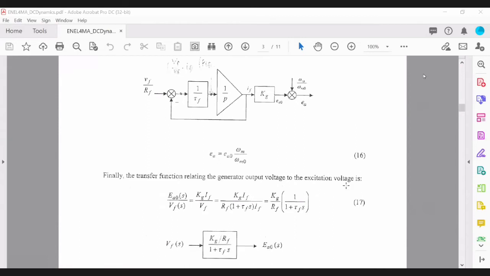Now, if we write this equation, which is EA naught in Laplace transform format, so EA naught S over VFS, that will give you basically kg divided by VF times IF, right?